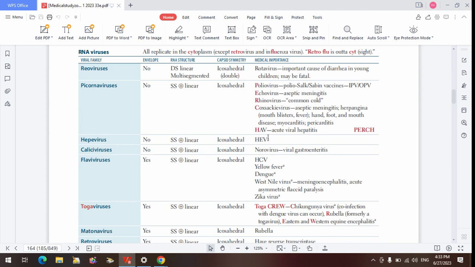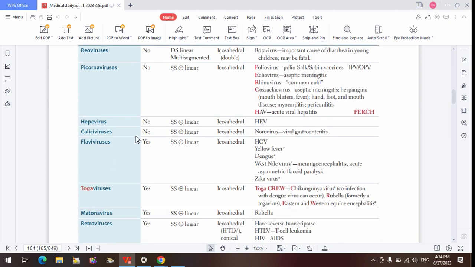And one thing about it that they like to ask is the affectation of pregnant women. Once this guy finds its way to pregnant women, it causes fulminant hepatitis. That hepatitis will be very, very severe, very life-threatening. So once you see fulminant hepatitis in pregnant women, the implicating organism is most likely hepatitis E.